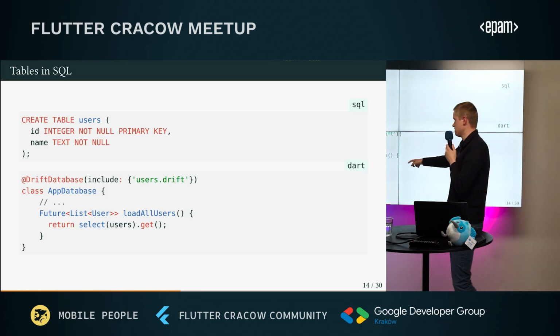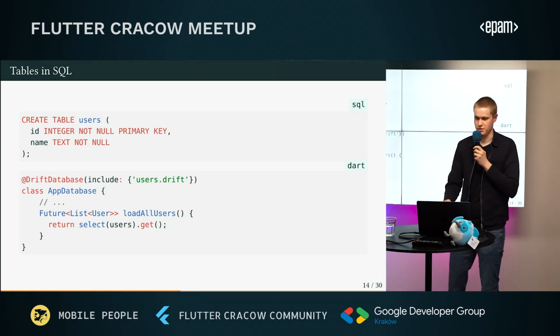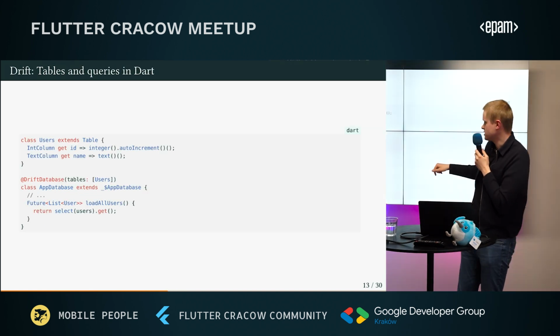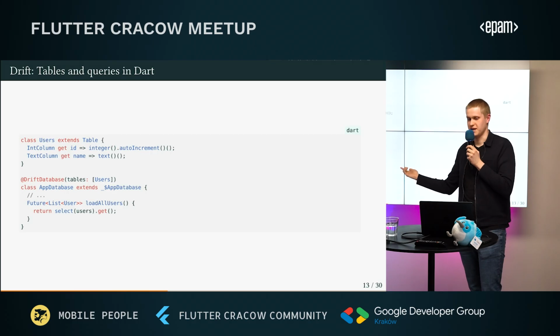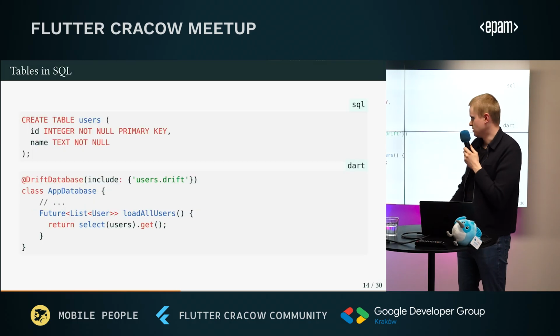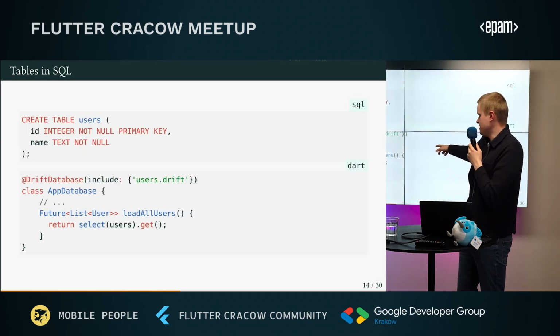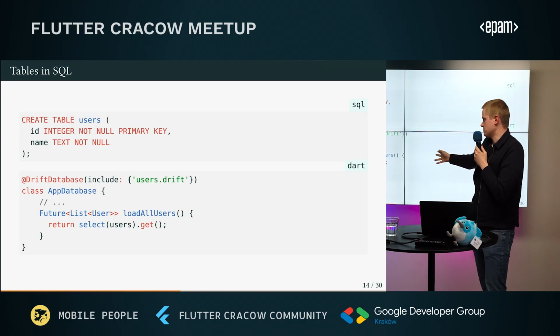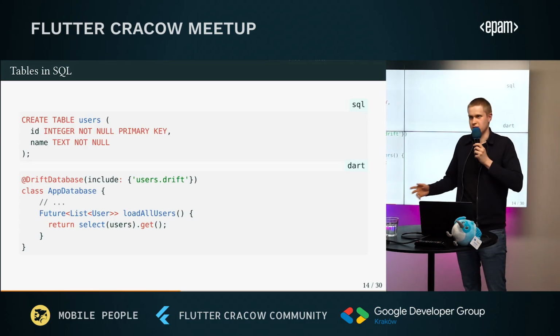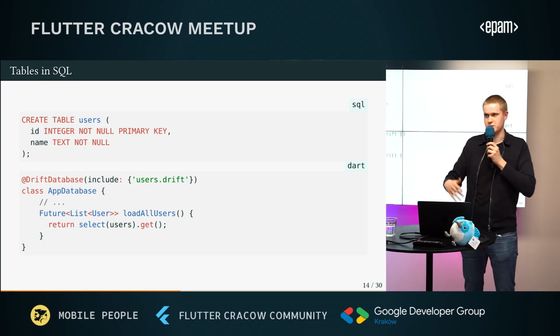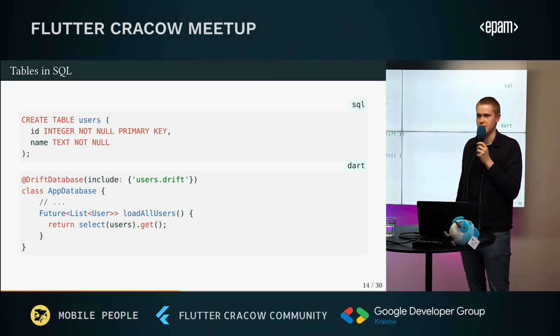And then the code that Drift will generate for this versus the code that Drift will generate for the Dart definition is actually the same, right? Pretty much byte by byte. So the API that you use to write your queries in Dart is going to be the exact same thing. So I don't really have a preference to give you on whether you should use the Dart API or the SQL-based API.